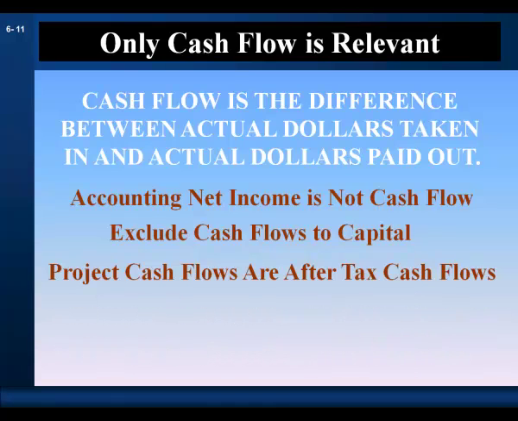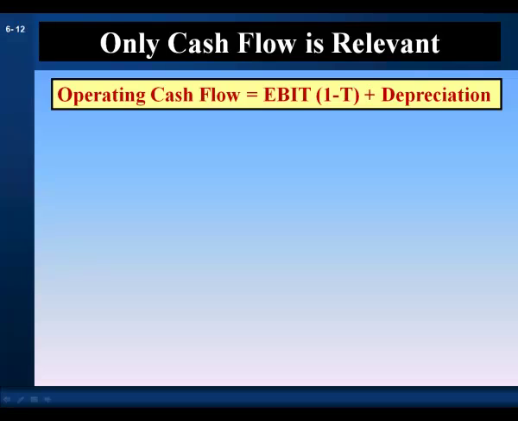We take all these considerations into account when calculating operating cash flow. Recall that operating cash flow is equal to earnings before interest and taxes, after taxes, plus depreciation. This is sometimes called the bottom-up approach to calculating operating cash flow, because we start with net income, the accountant's bottom line, and work up, adding back non-cash items, depreciation in particular.